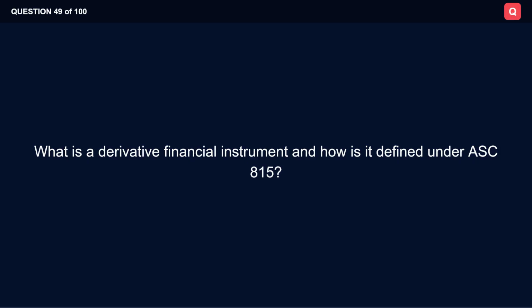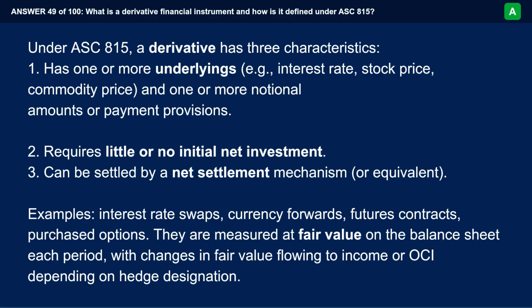What is a derivative financial instrument, and how is it defined under ASC 815? Under ASC 815, a derivative has three characteristics. 1. Has one or more underlyings, for example, interest rate, stock price, commodity price, and one or more notional amounts or payment provisions. 2.